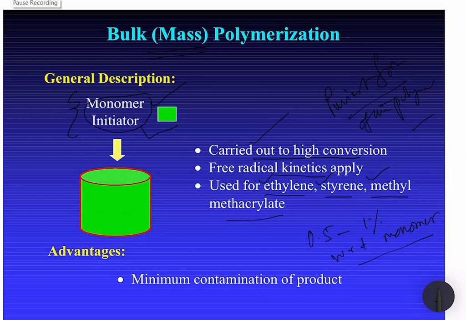Although I have mentioned that you can co-polymerize, examples of co-polymerization using bulk technique are not much available due to several other problems. But it can be done. That is the thing.